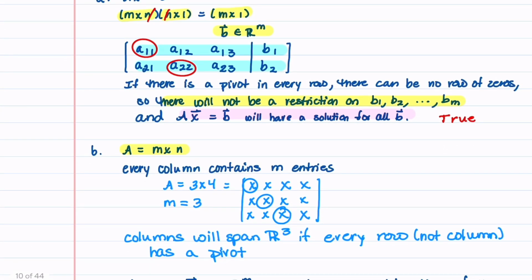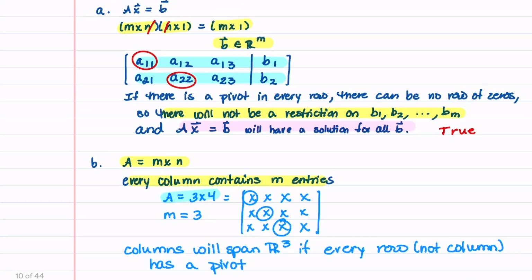So every column is going to contain m entries. When you're doing problems like this, it really helps to write down a matrix. So I said, what if we have a 3 by 4 matrix? And then I wrote x's for our entries just to get an idea of the structure.